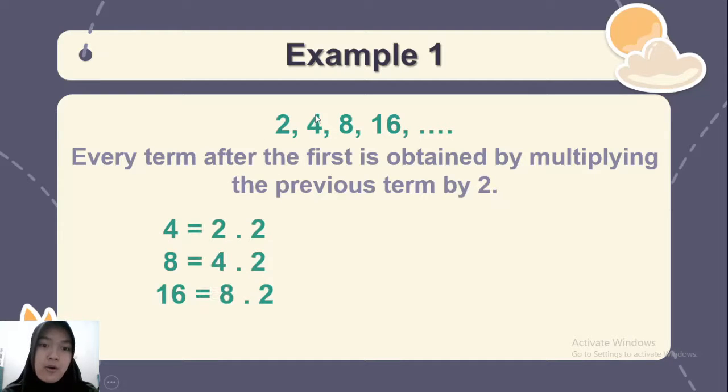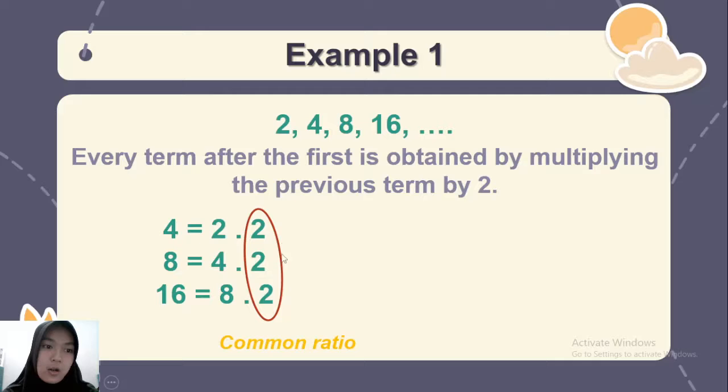Because 4 is equal to 2 times 2, 8 is equal to 4 times 2, and 16 is equal to 8 times 2. Here is what we call the common ratio. This r is equal to 2.